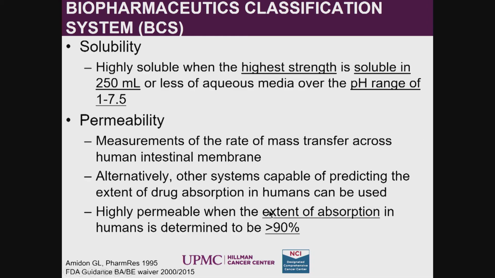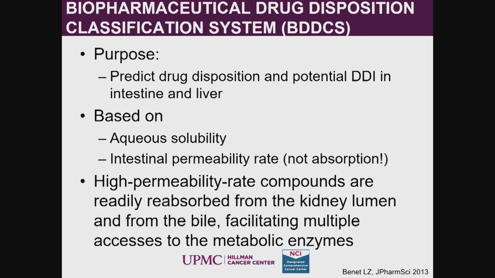So how is this defined? Solubility is high if the highest strength of a drug is soluble in 250 ml of aqueous media. Permeability is measured by the rate of mass transfer across human intestinal membranes, or documented in humans.